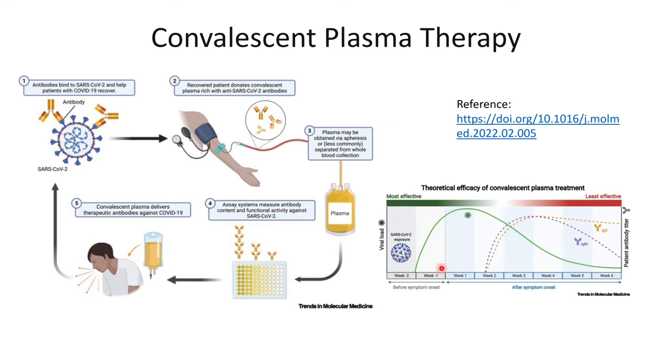So if plasma is injected in this time period, it will not only boost the immune system of the patient, but also help in reducing the viral load in much less time. The details about this are presented in this paper, whose reference is in this slide and also in the description.